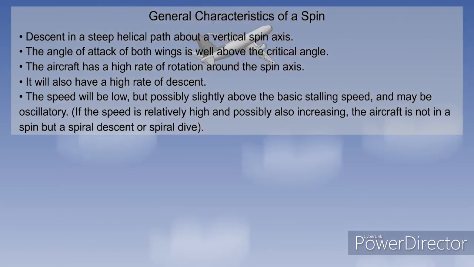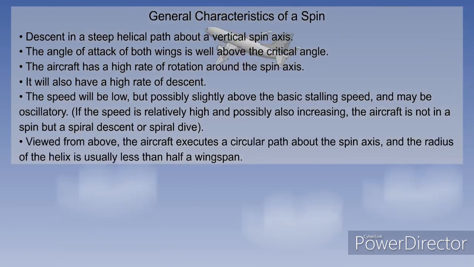If the speed is relatively high, and possibly also increasing, the aircraft is not in a spin, but a spiral descent or spiral dive. Viewed from above, the aircraft executes a circular path about the spin axis, and the radius of the helix is usually less than half a wingspan.